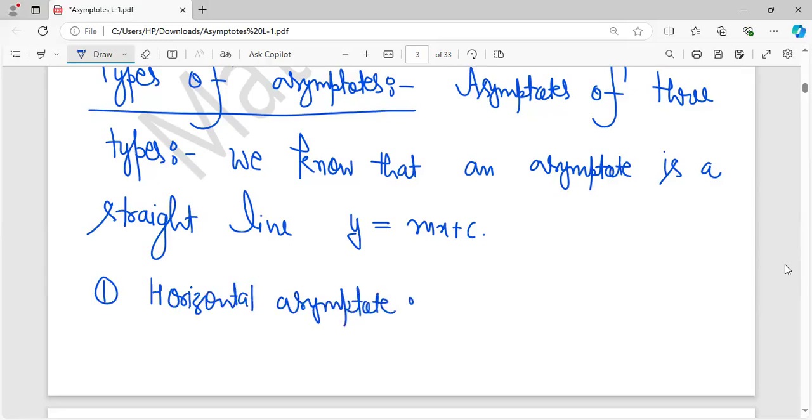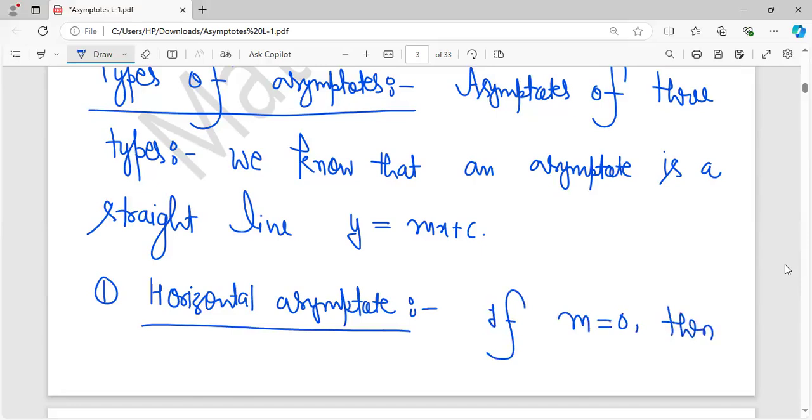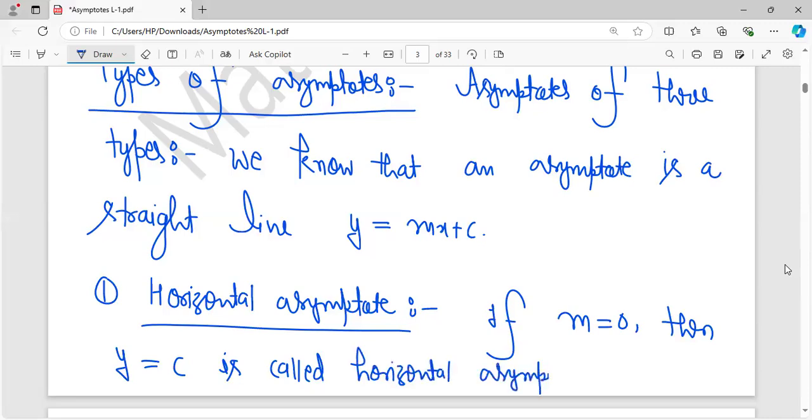If m is equal to 0, then y is equal to c is called a horizontal asymptote for the curve.